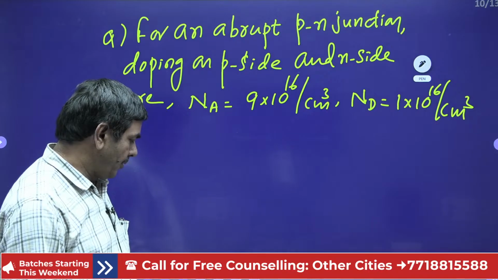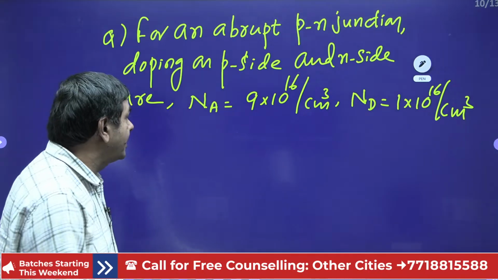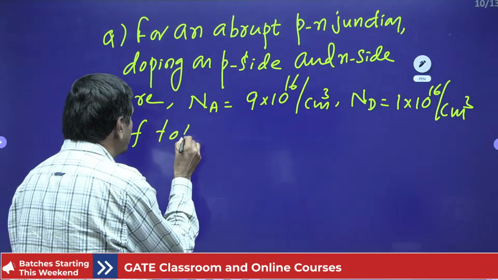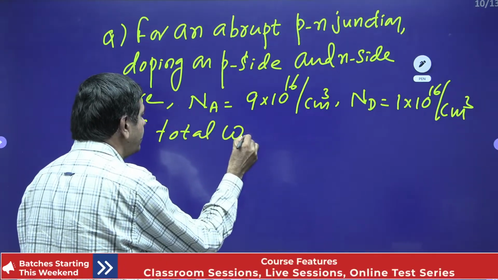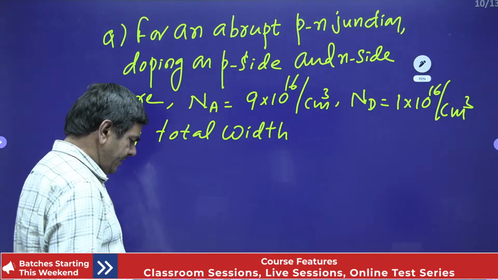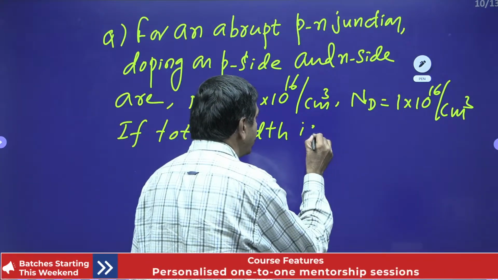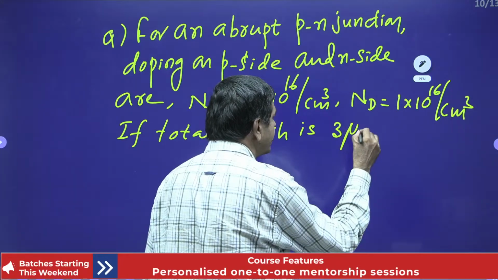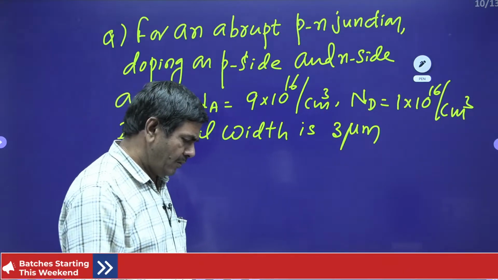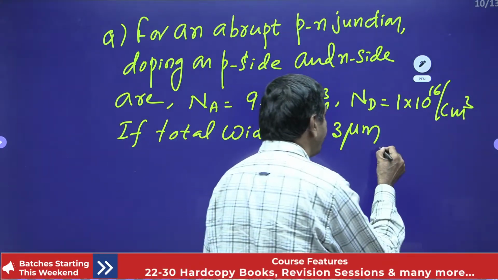And what is being asked here now? The total width is given. If the total width is 3 micrometers, what is the depletion layer width?